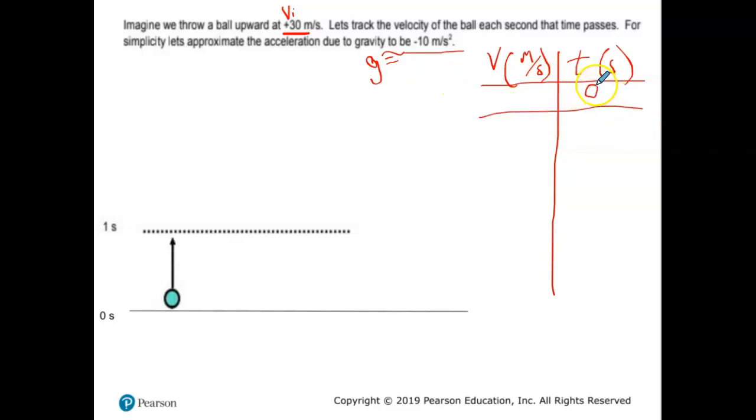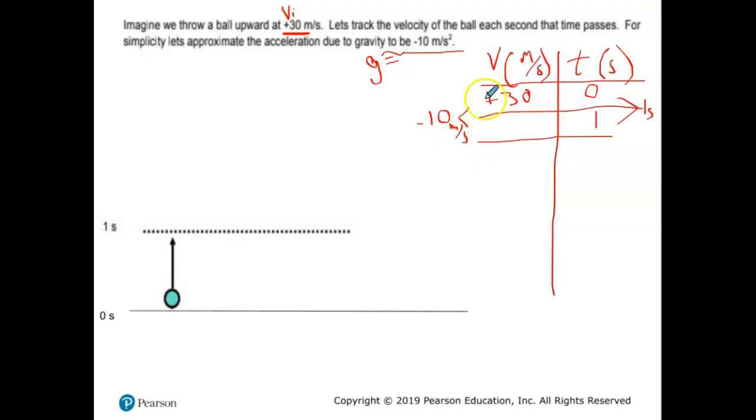So at time equal to 0, our velocity is a positive 30. And we're going to add our acceleration to get to our next velocity. So our acceleration is negative 10 meters per second for each second that goes by. So that's our acceleration. So we're going to add a negative 10 to 30.